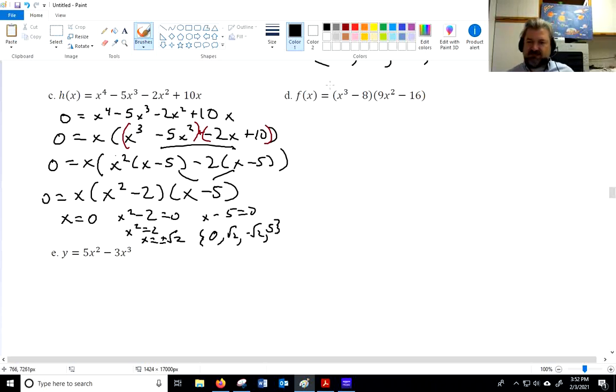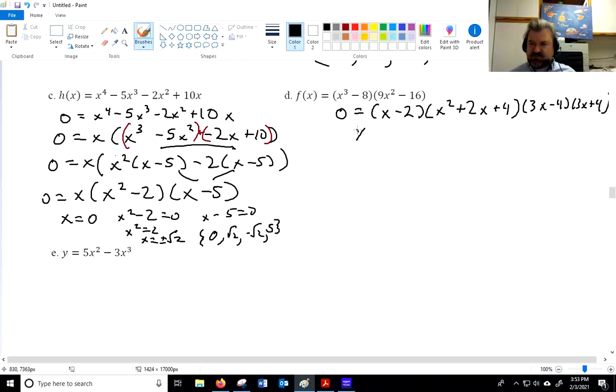All right, letter D. Okay, once again, it's already somewhat factored for us. X cubed minus 8 is a difference of 2 cubes. X minus 2. And then this is x squared plus 2x plus 4. Remember, you have to multiply together and change the sign there. 9x squared minus 16 is a difference of 2 squares. That's 3x minus 4, 3x plus 4.